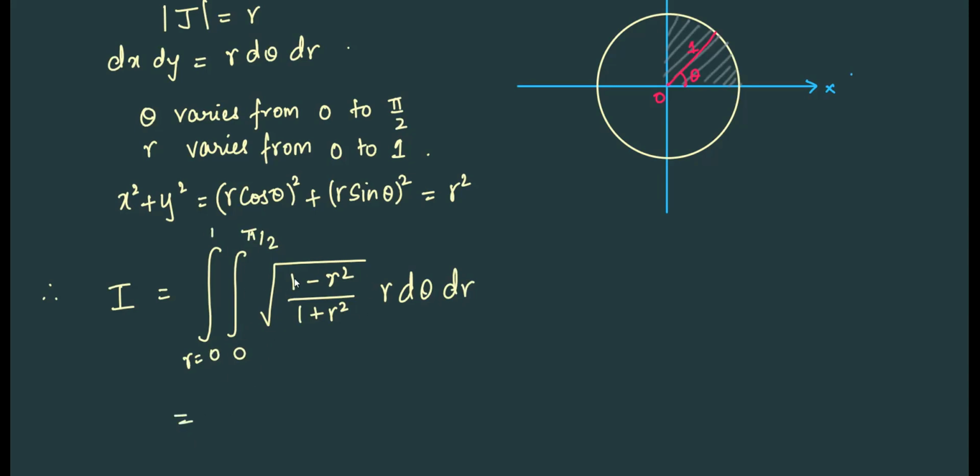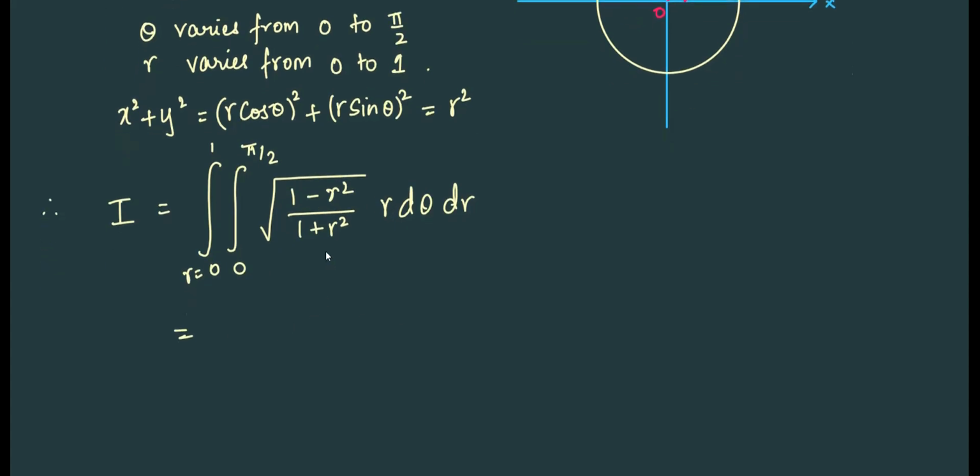Now integrating with respect to theta, treating r constant, we get integral 0 to 1 pi by 2 times under root 1 minus r square by 1 plus r square r dr.